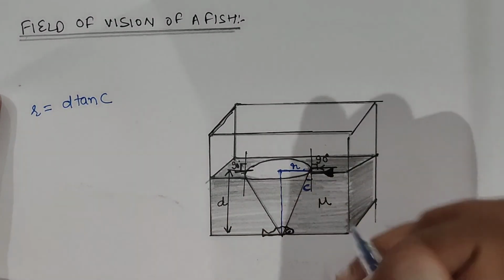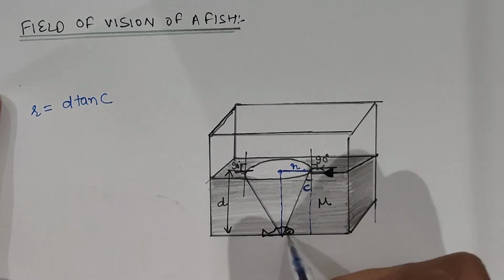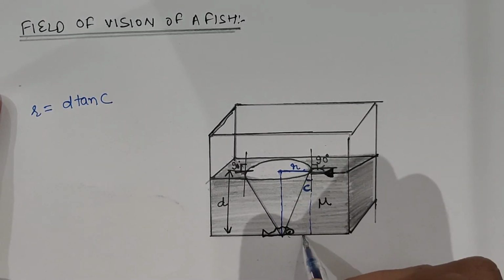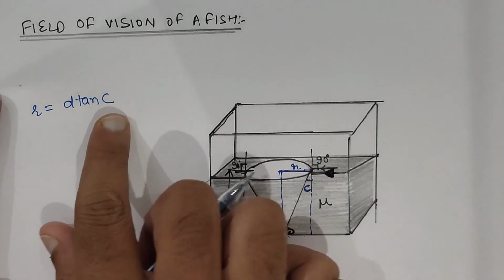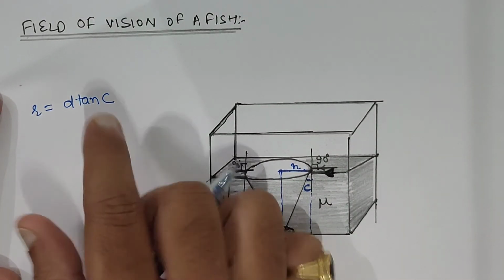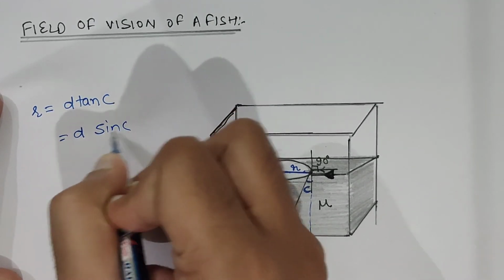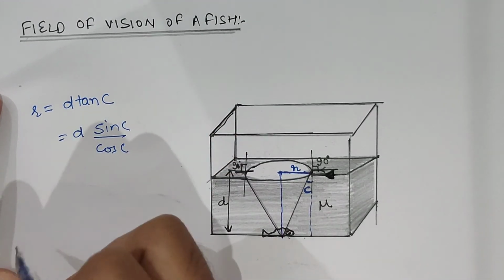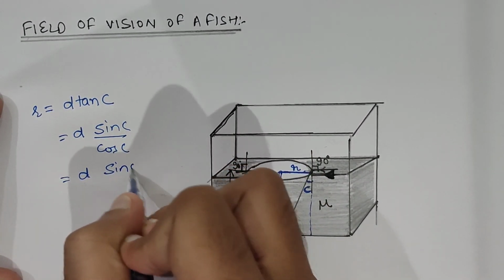According to this triangle, tan theta is equal to perpendicular divided by base. The perpendicular is r and the base is d, so r is equal to d tan c, or d sin c divided by cos c.